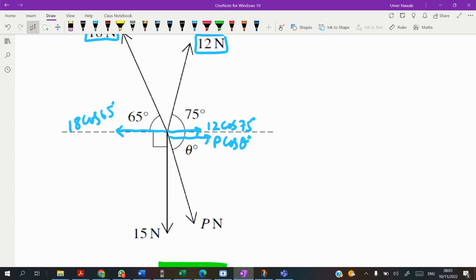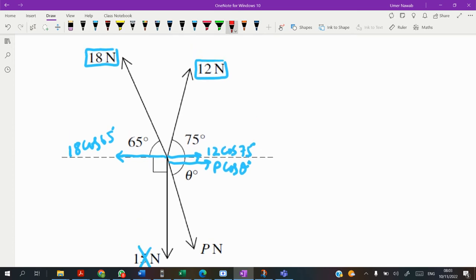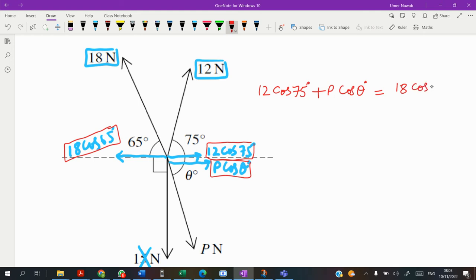No need to use the x effect of 15 because it is acting vertically downward. So it means two forces are acting on the right hand side and one force is acting on the left hand side. Can we make this equation? So 12 cosine 75 plus p cosine of theta should be equal to 18 cosine of 65 degrees.